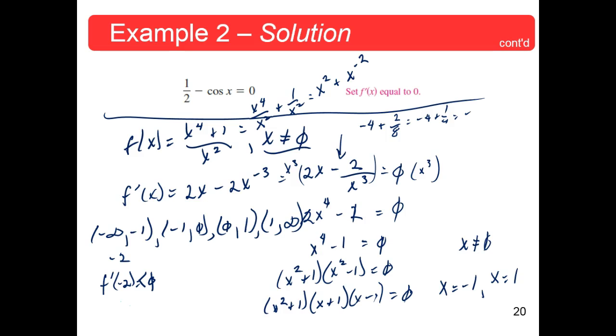Pick a value in that next interval. -1/2. Oh, I should have done it up here. And then we'll do f prime of -1/2. Okay. And again, we'll use this one. F prime of -1/2 here would be a -1, right?